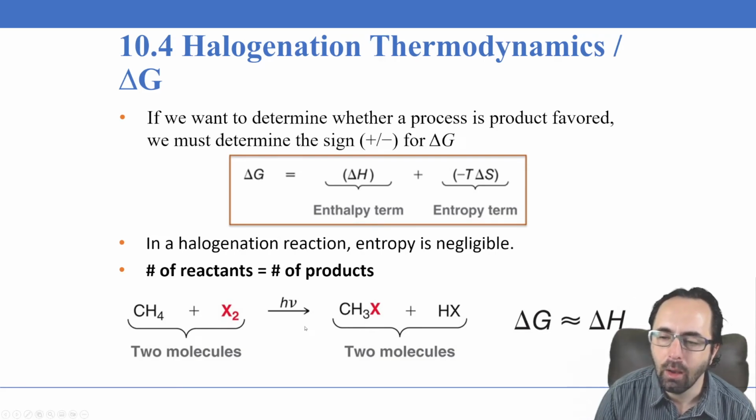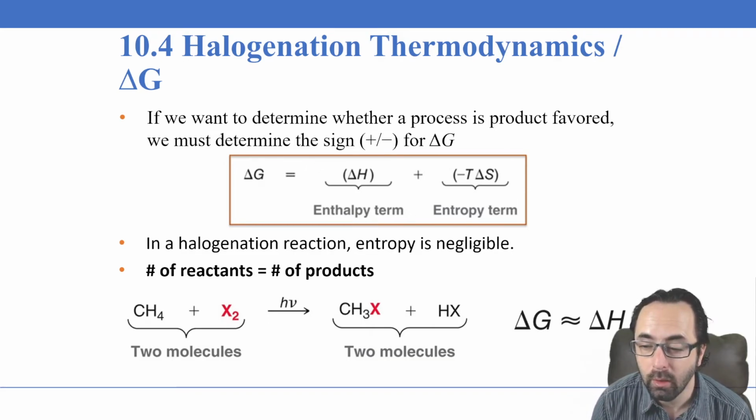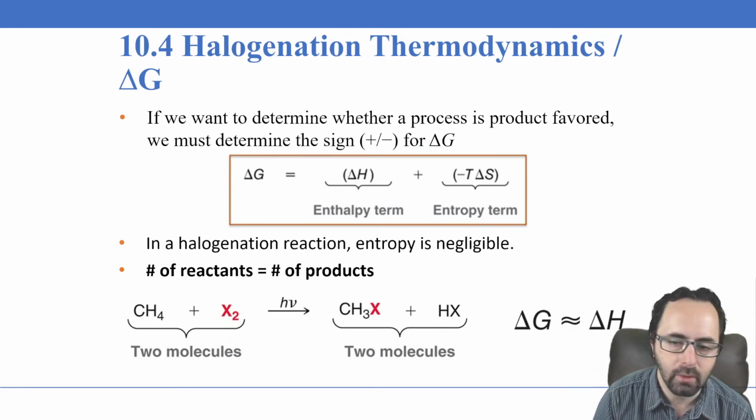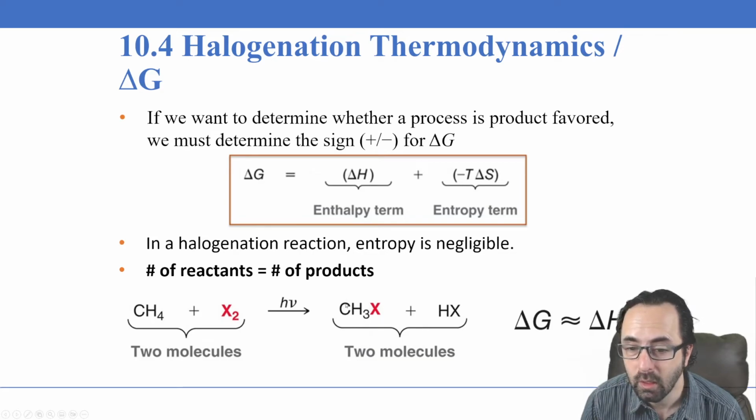So let's talk now about the energy and the energetics of this, whether the reaction is spontaneous or not. So remember, if we want to determine if a reaction is spontaneous, what we do is we look at delta G and we consider the enthalpy terms and the entropy terms.